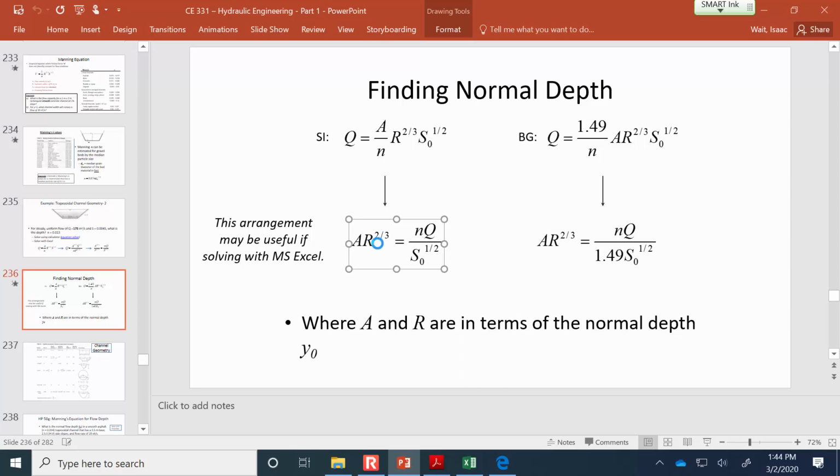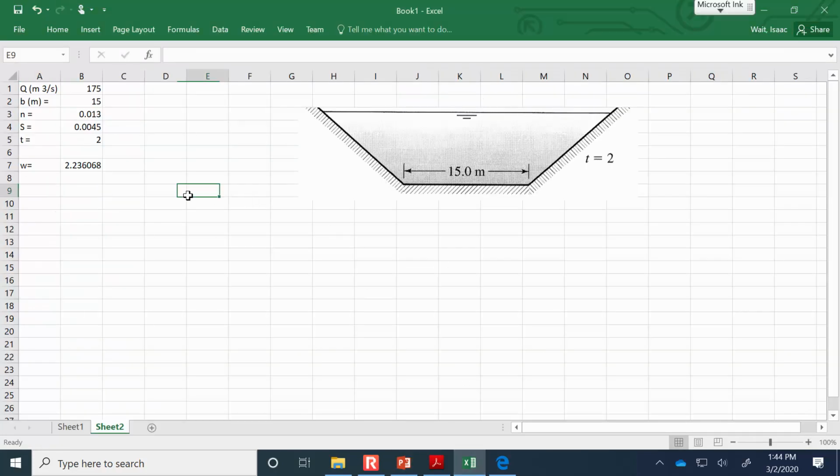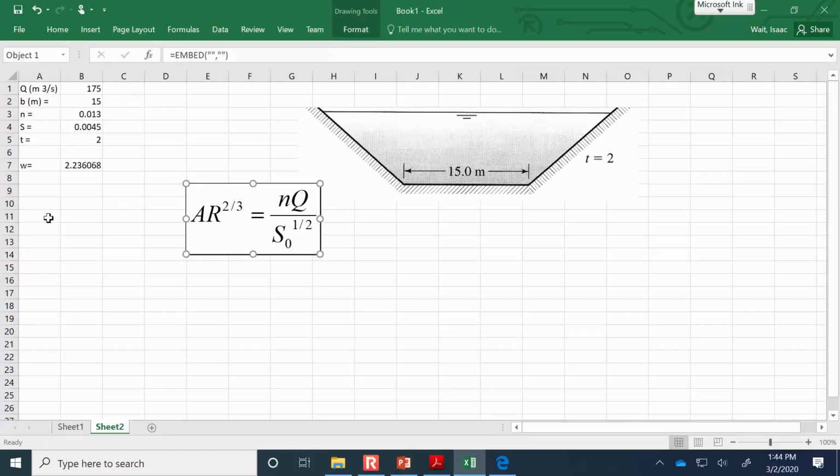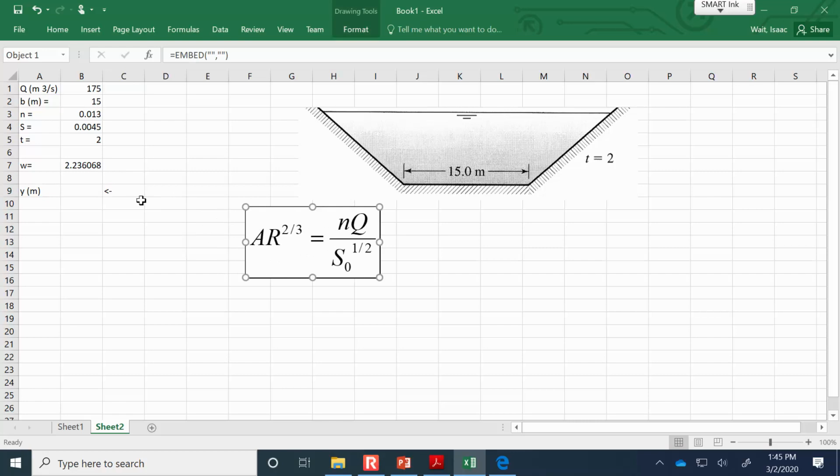And so I'm just rearranging Manning's equation like that. And I'm going to have a guess value of the flow depth. And so this is initially a guess, but then I'm going to use goal seek and iteration to find out the true value. So I'll just say initially a guess.